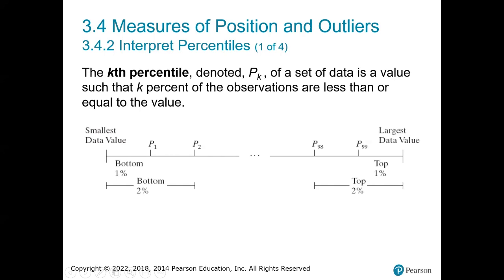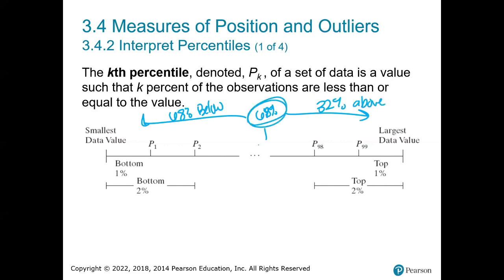So anytime I give you a percentile value, if I tell you it is the 68th, that means 68% are below you and 32% are above. The value they give you is how many are below you.